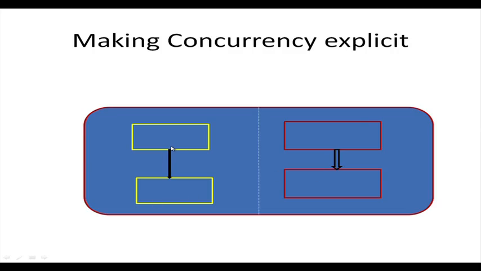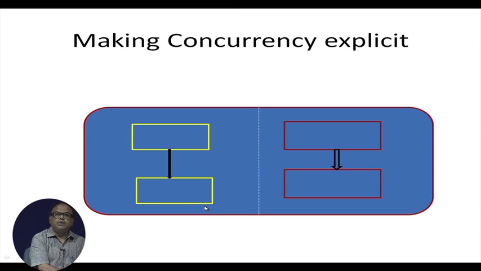Another desirable property for any embedded system specification model is to make the concurrency explicit. Here you see this white line in between shows the concurrency, that this part of the behavior can run concurrently with this right side of the behavior. Both these behaviors can run concurrently.